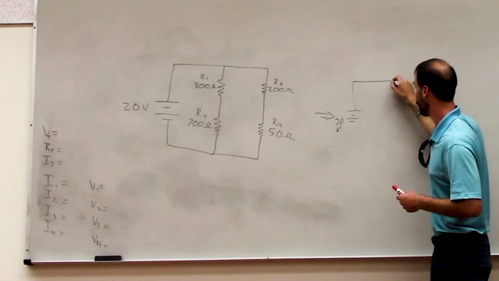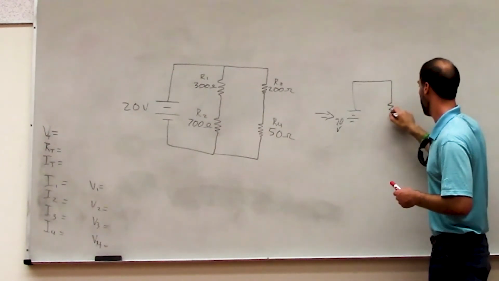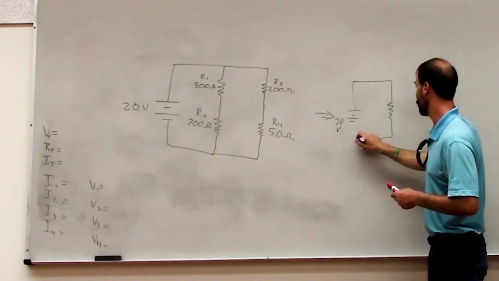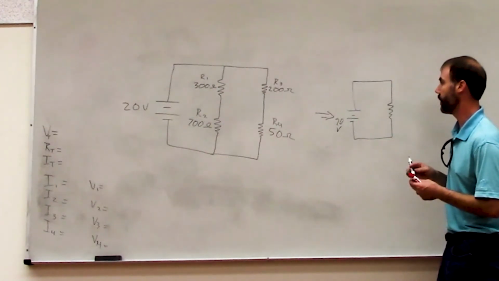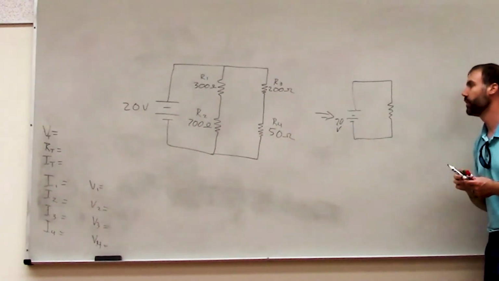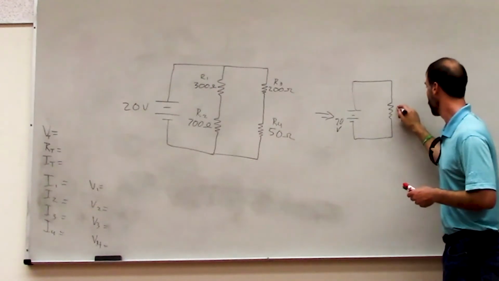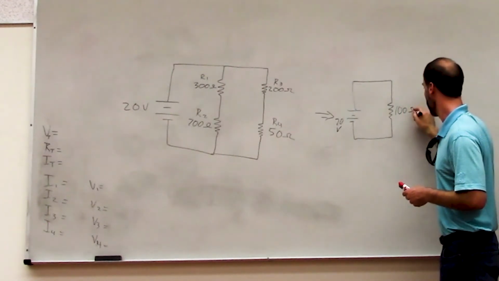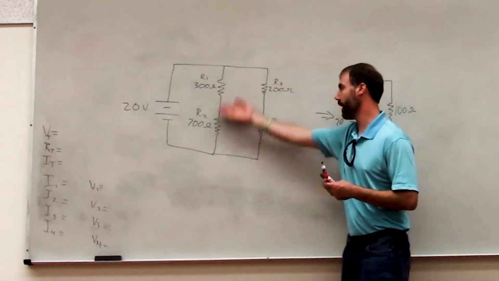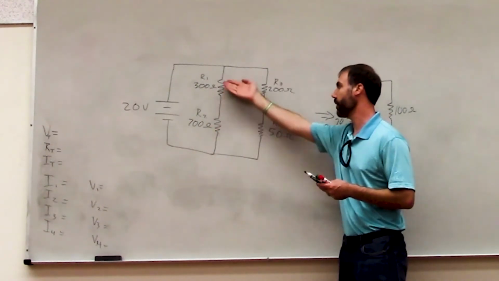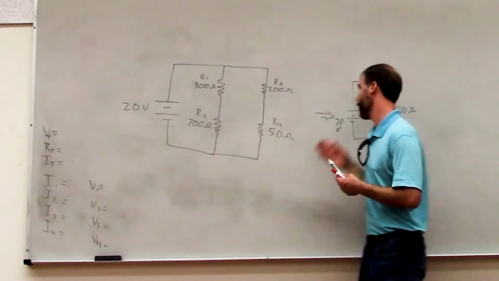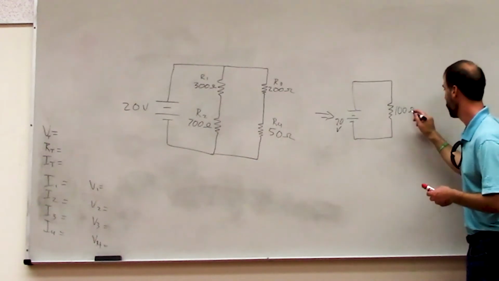So we can redraw those two resistors as just a single resistor. And how much resistance does that one have? 1,000. Yeah. Right. We know that when we have resistors in series, they just add together. So we've got 300 plus 700, that's 1,000 ohms.